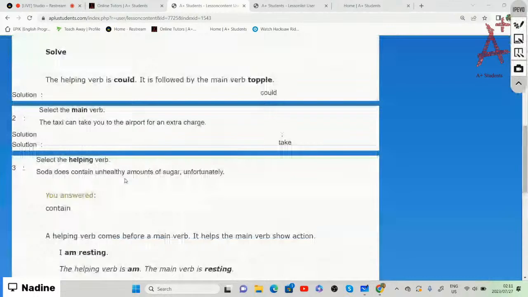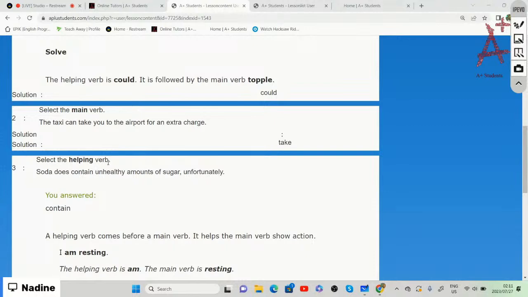The taxi, we need to select the main verb. The taxi can take you to the airport for an extra charge. We need to select the main verb within the sentence.